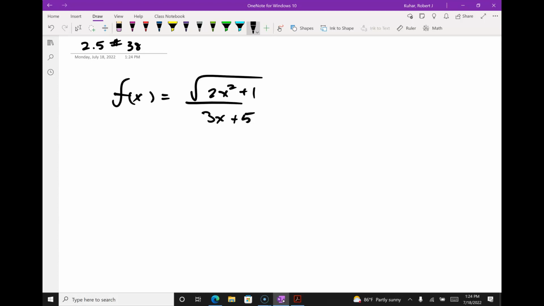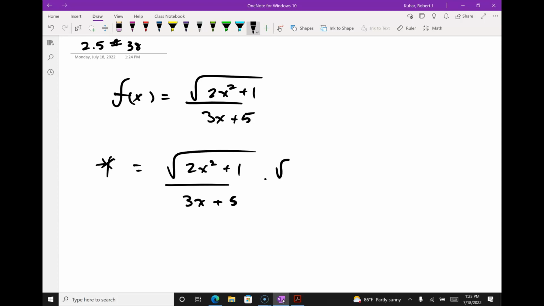What's the highest power of x that I have? X squared, I would expect you to say, but it's not x squared, it's just x, because that x squared is inside the radical. So I want to divide by the square root of 1 over x squared, top and bottom.